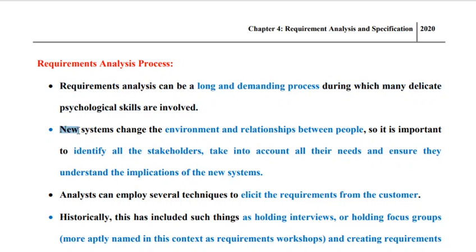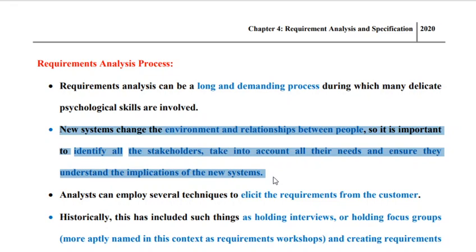Now, definitely, whenever new systems are built, a new system changes the way the environment and the people interact with the system and with each other, right? So, in order to ensure a seamless and smooth transition between the existing system and the new system, we need to ensure that all the stakeholders are identified, they are interviewed, and their confidence is taken into account, and only then the system is implemented.